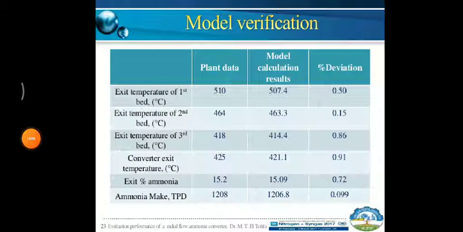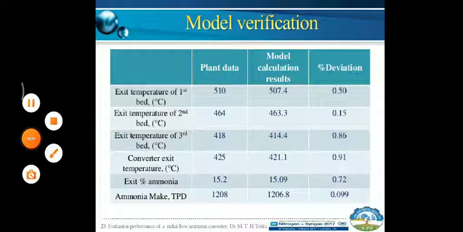The model verification data. From the first bed, second bed and third bed, the temperature deviations and model calculations are given here. The plant data for the temperature of the first bed is 510 and the model calculation result is 507, so the percentage of deviation is 0.50. The second bed mean temperature is 464 and the deviation is only 0.15.